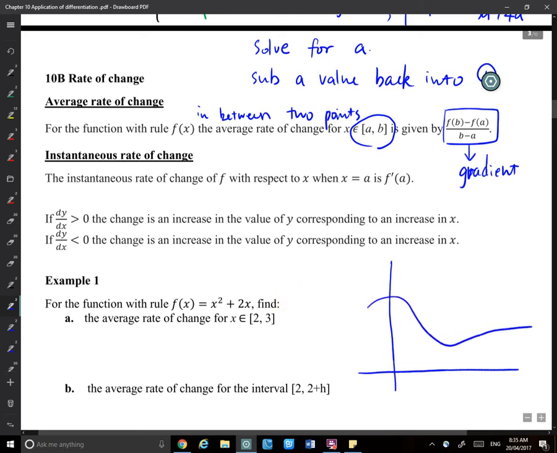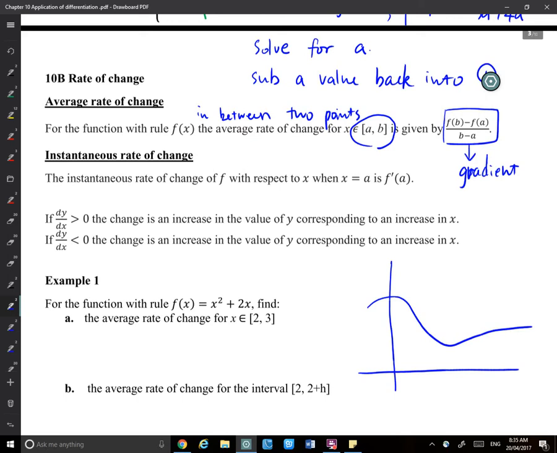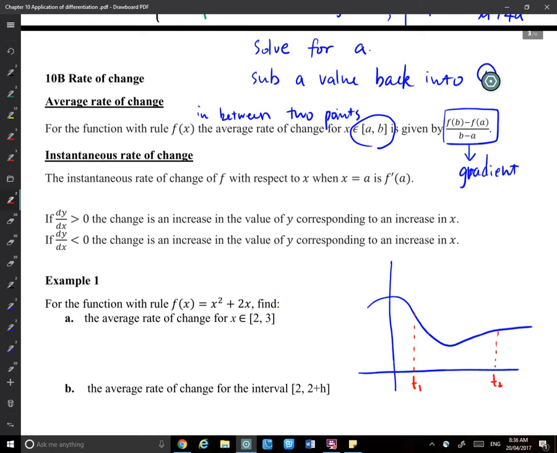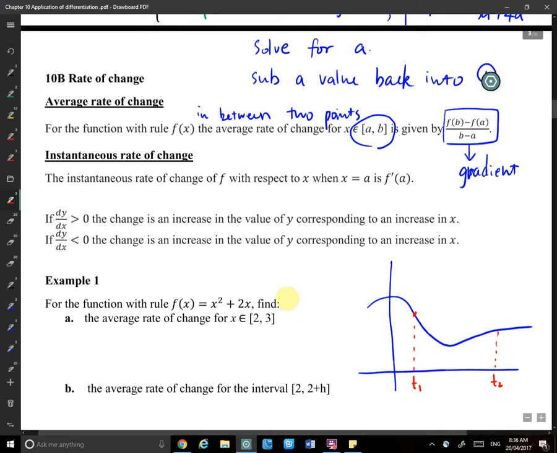Let's say we have a curve like that, and then we have 2 points. Let's say what's the average rate of change between t1 and t2? You don't need to worry about what happens in between.